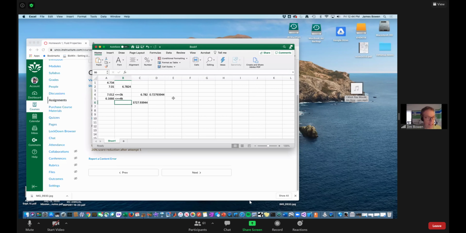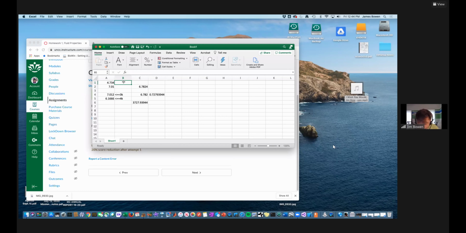So I think we have to do this problem again to be sure that we did it right. Let's back up and go through it. I'm going to move this number over, to say the 4.734.